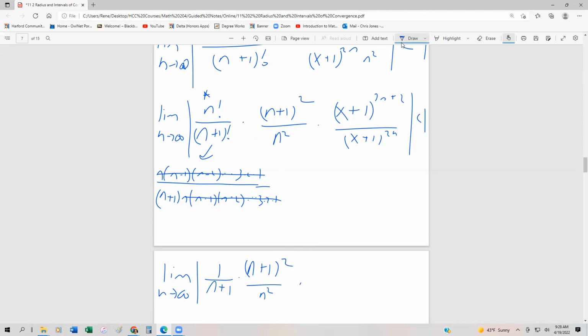And then over here, notice that we have 2 of these, all right? And then in the numerator, 2 to the 2n plus 2. So we could break off 2 of these. We could rewrite this expression as (x plus 1) squared, (x plus 1) to the 2n divided by (x plus 1) to the 2n.